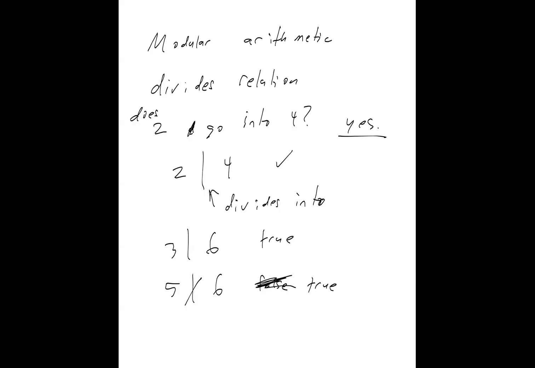Now, once we know the divides relation, we're going to talk about the modular relationship. This is going to be a little bit confusing though. How many times does 3 go into 7? That's the first question we have to answer.